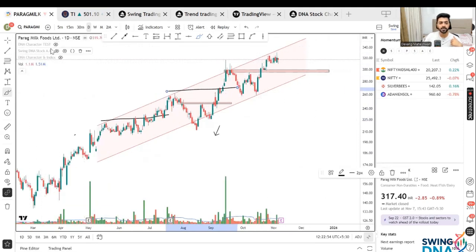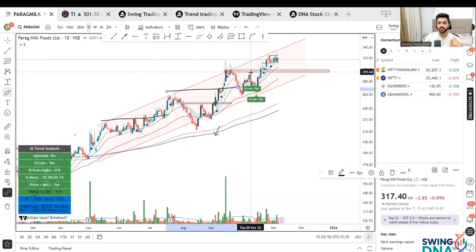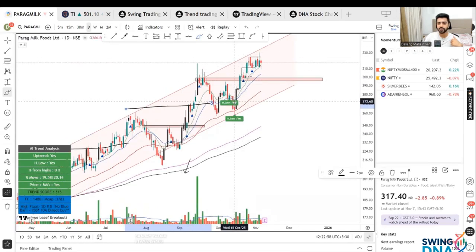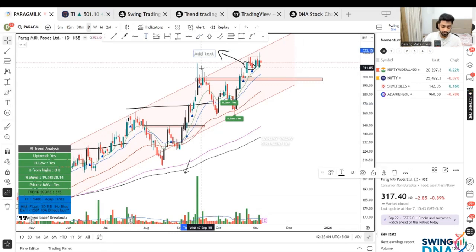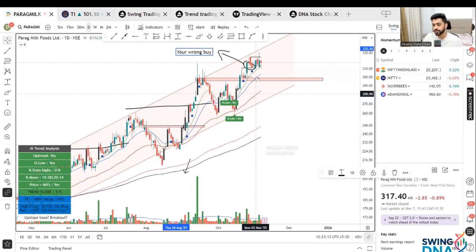So you are buying up here, let's say here was an entry which is triggering the momentum bar, and this is your wrong buy. This is not a failure, this is your wrong buy. It's not a setup failure if it fails. You bought it wrongly.